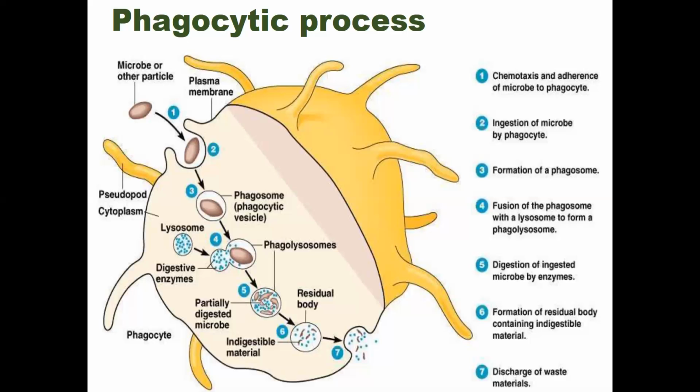And lastly, the intracellular digestion leaves indigestible materials, the residual body of this bacteria. The dead microbes are rapidly degraded in phagolysosomes by various hydrolytic enzymes, including lysozyme, proteases, lipases, nucleases, glycosylases. All these enzymes help to degrade those foreign invaders.